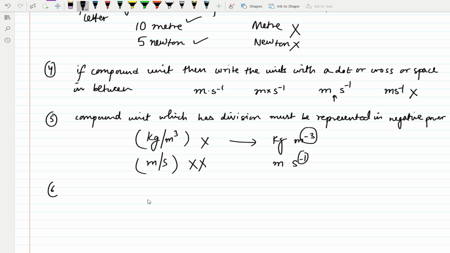The next guideline is that if you are writing a unit in its short form, then you will never write it in plural.